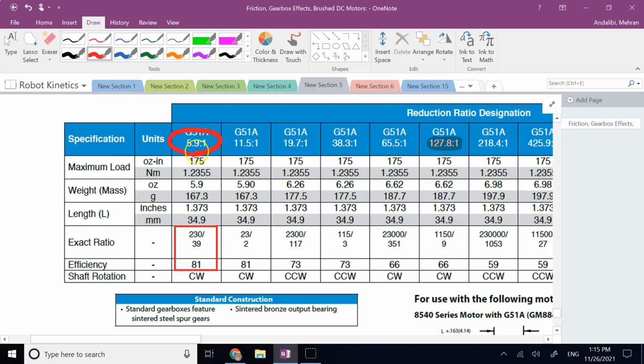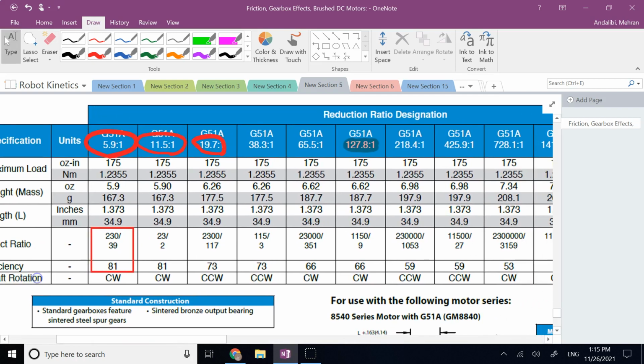If 5.9 is not enough for your application, you need more torque and a smaller RPM, then you can go with the second gearbox option. Use the second gearbox that can work with this motor, and use 11.5. If that doesn't work, go to 19.7, or go to 38, go to 65, and then there is even more.